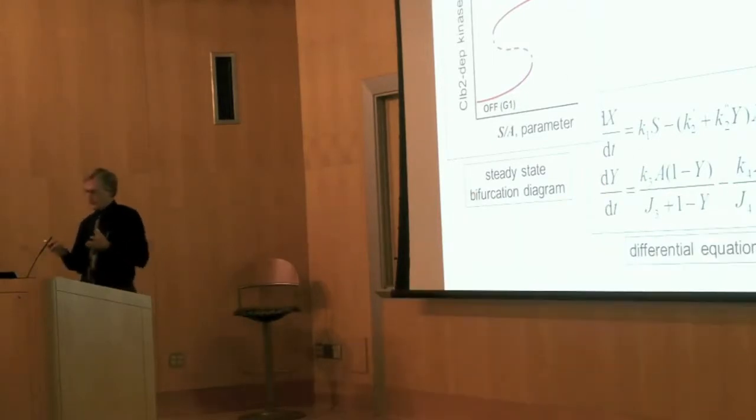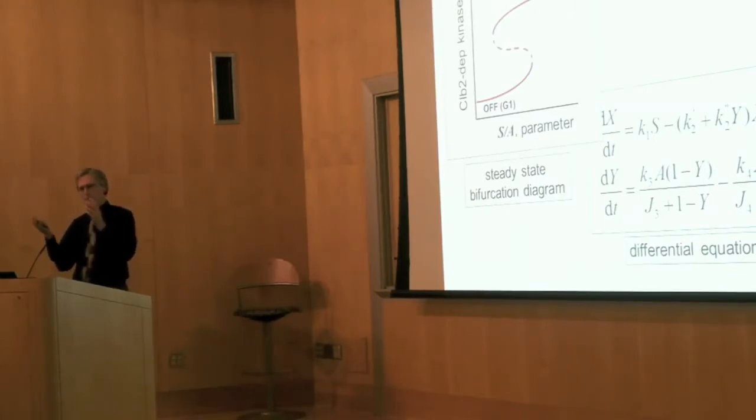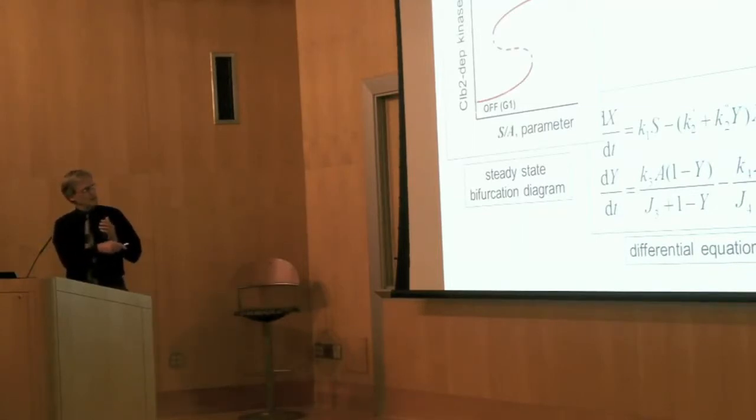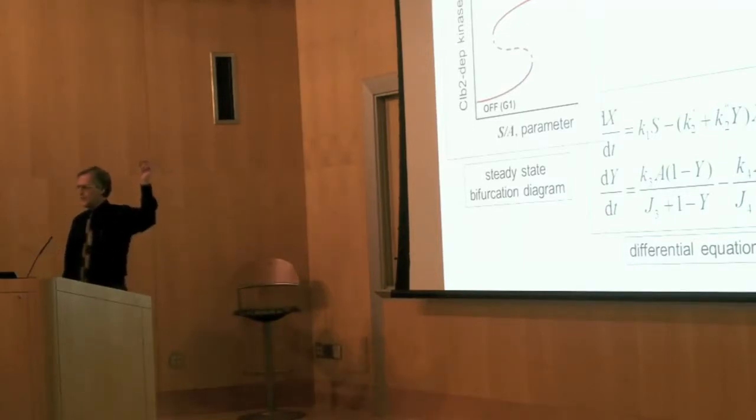What's curious about this diagram is that, because of the antagonism between the cyclin-dependent kinase and CDH1, the system has two different stable steady states. It has a stable steady state with very low activity of the cyclin-dependent kinase. It's low because CDH1 is very active, and CDH1 keeps destroying the CLIBs.